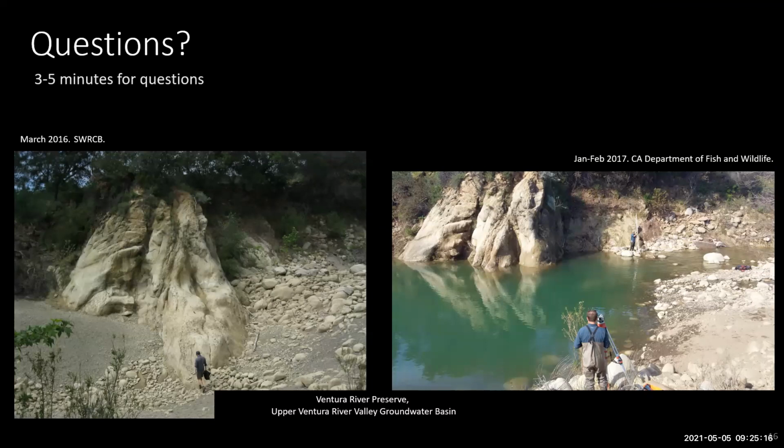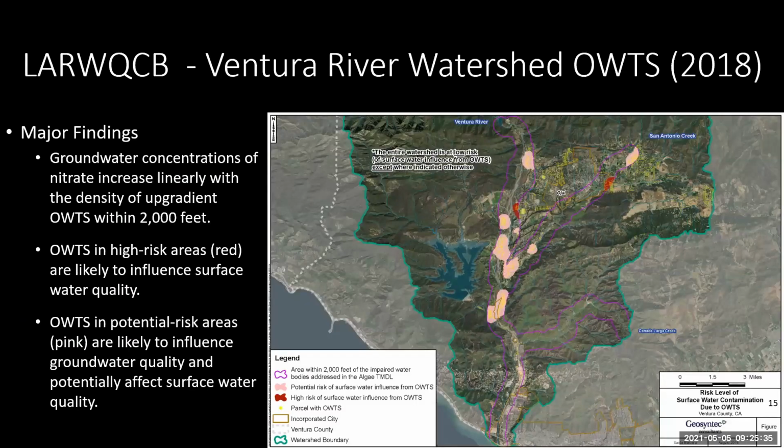Okay, great. Thank you. Yes, I'm very interested in what might be happening where the Los Padres National Forest enters into the pink area downstream, in that last image, of likely groundwater nitrogen input.